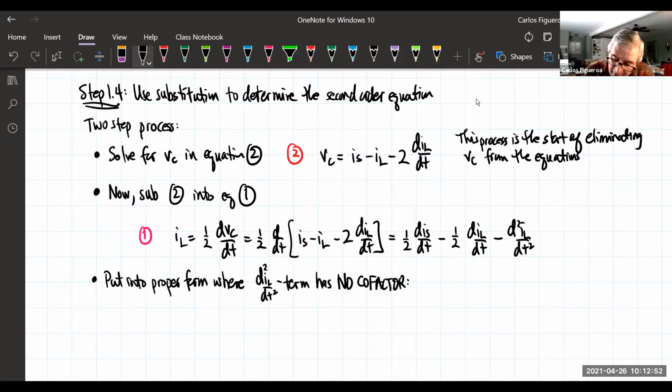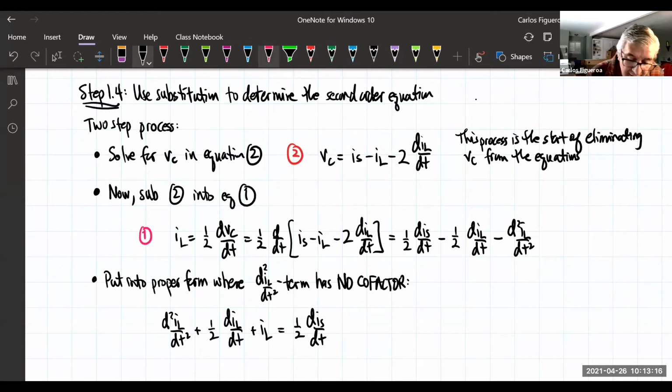So if I bring over the two derivative terms to the left, I'm going to get di dt squared. Now I have to bring over the first derivative, di dt. And then on the left here, I have IL, and then this guy's going to be 1/2 dis dt. And that's my differential equation right there.